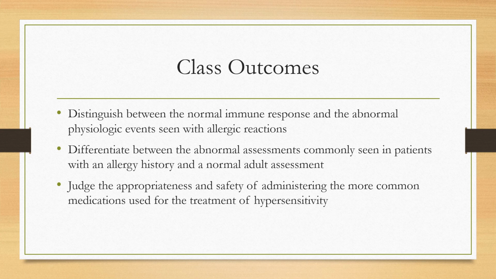We are going to differentiate between the abnormal assessments that are commonly seen in clients with an allergy history and a normal adult assessment, because if we know what is normal, then we are better able to assess what is not within the norm, or abnormal.